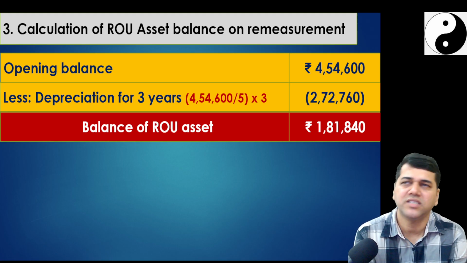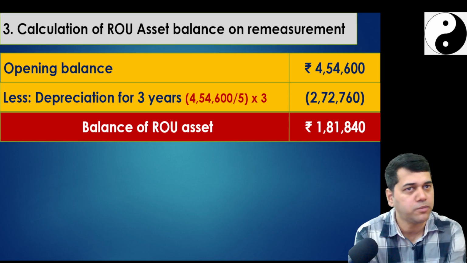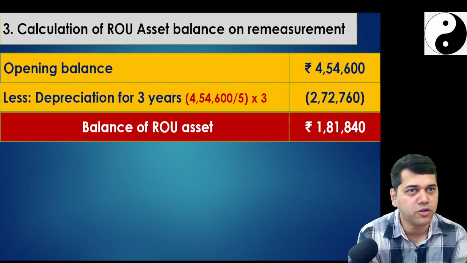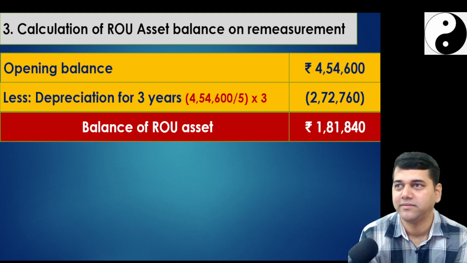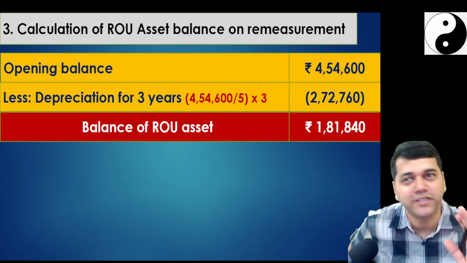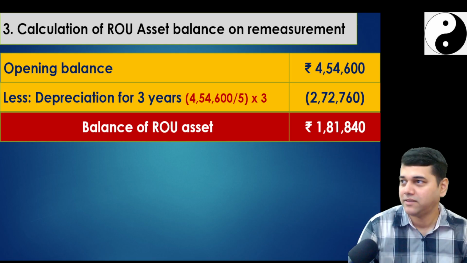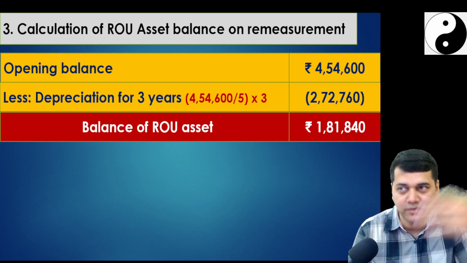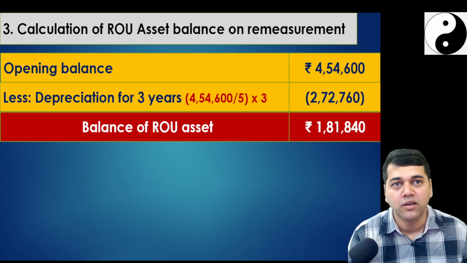Yes. Just keep it. It's like onion you have chopped, tomato you have chopped, keep it aside. Now let us come to the main dish preparation. Because this is needed only for my subsequent accounting now to decide what happened. Now what happened? Now let us say calculation of revised lease liability.